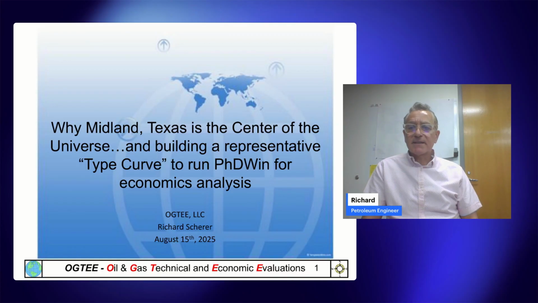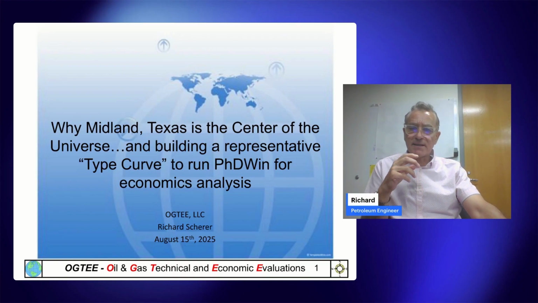But fundamentally, the presentation was originally put together 6 years ago and presented in Midland, and then it's been updated on several occasions. And this one here is specific to building a type curve versus the other dimensions of the presentation that were in the prior several renditions of it to the present.